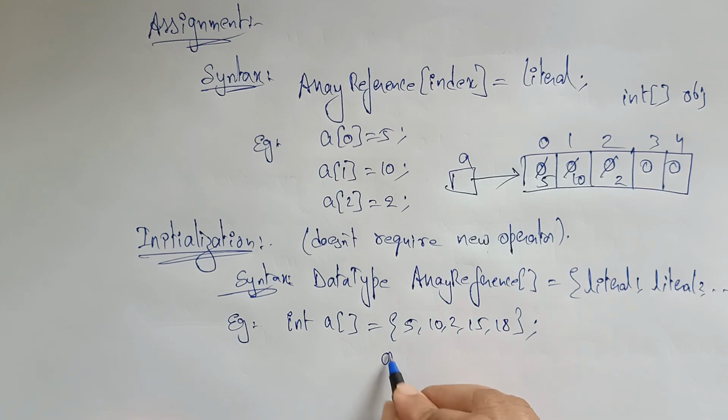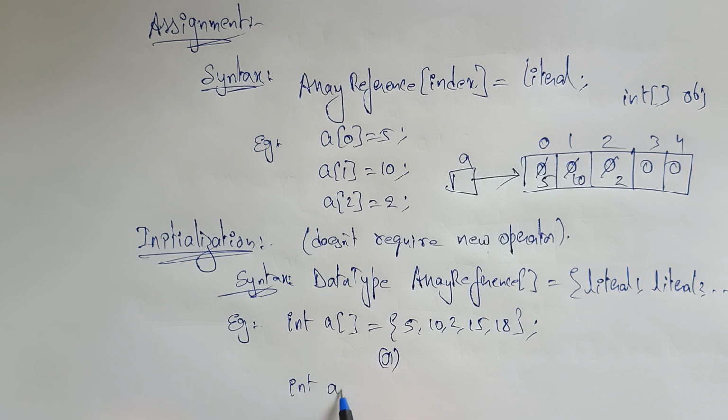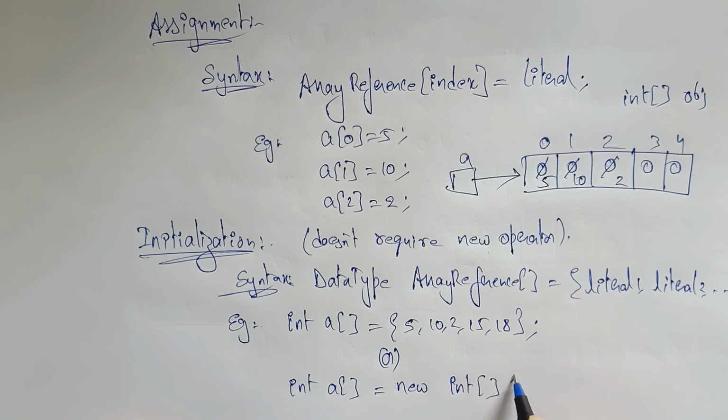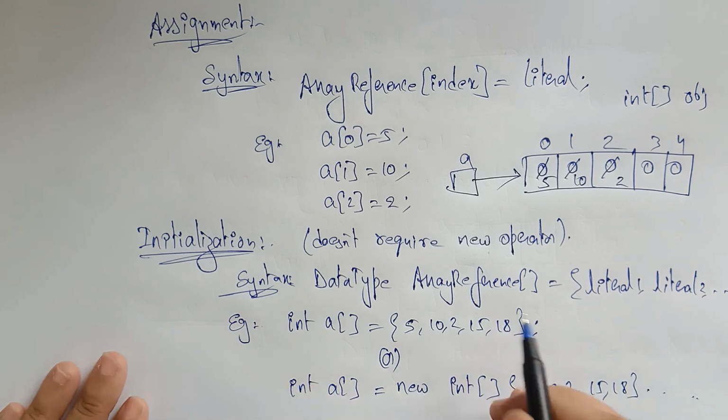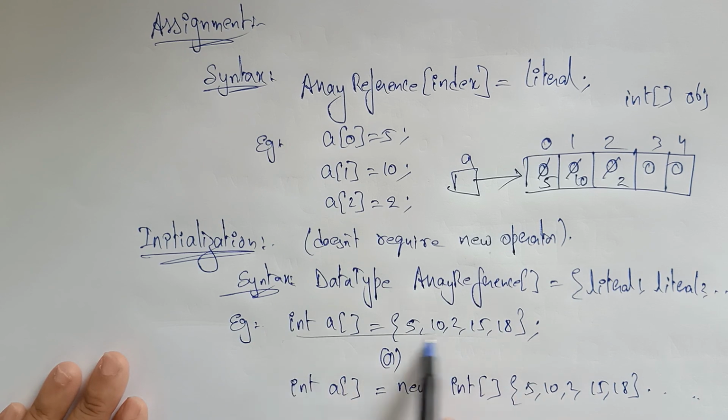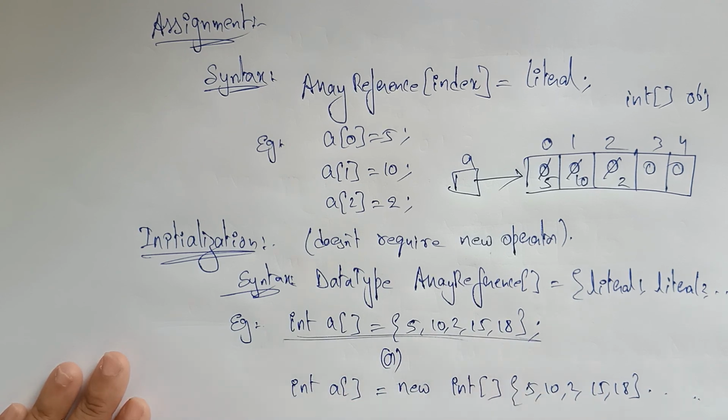Or else you can also initialize like this: int array reference is equal to new int, and you write 5, 10, 2, 15, 18. This is also valid, but Java mostly recommends int a of, and you can directly initialize like this.